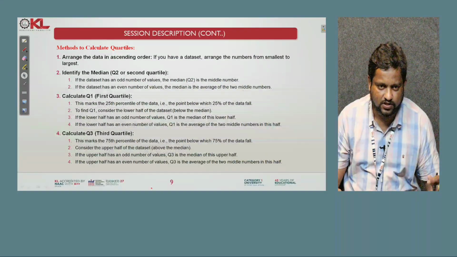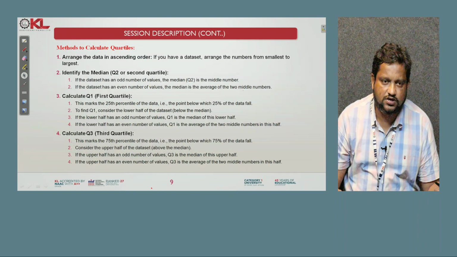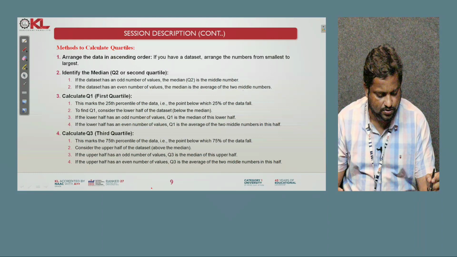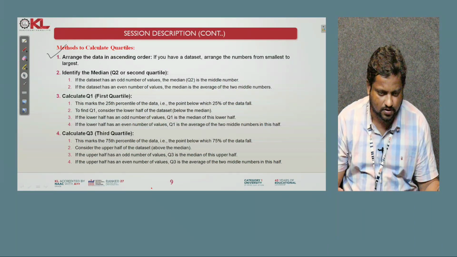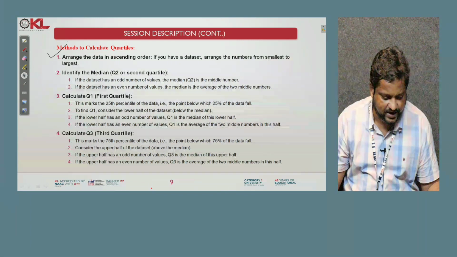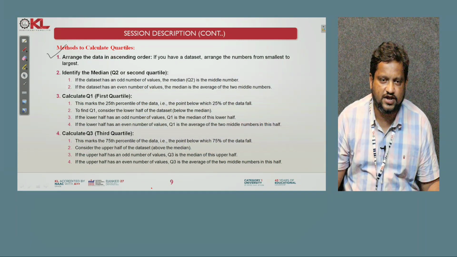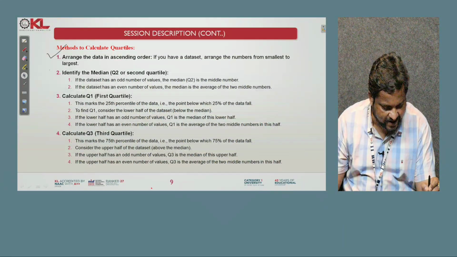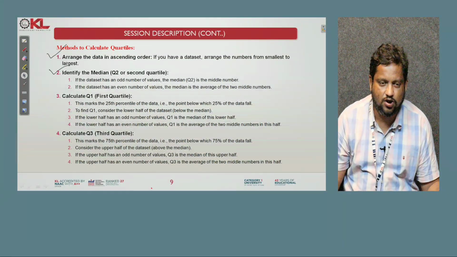First we will see the procedure for calculating the quartile. First thing, you need to arrange the data set in ascending order, whatever the size of the data set. Second step, identify the median of the data set. How to identify the median?